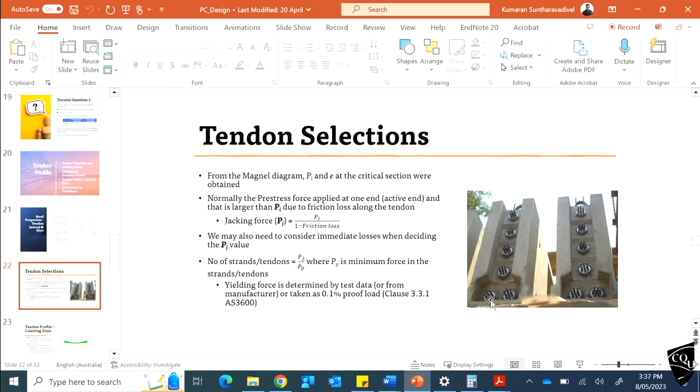So let's say 12 strands. You need 36 strands total, each one will have 12, so we need 3 of them. So this is how we calculate the number of tendons.